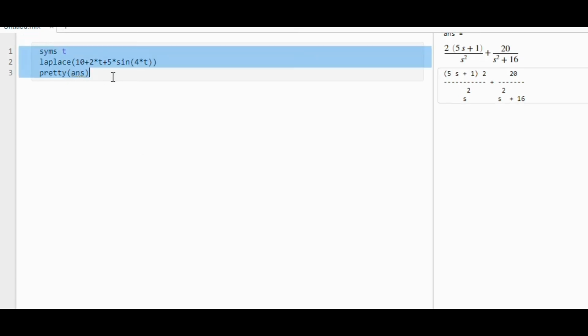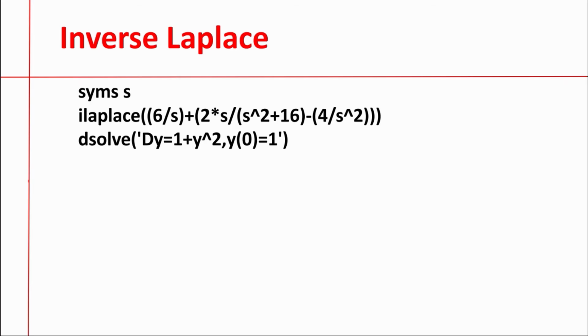Now we will change it, and now we find the inverse Laplace. So this is the code for the inverse Laplace. You will type syms s and ilaplace. ilaplace means inverse Laplace of 6 divided by s plus 2s divided by s square plus 16 minus 4 divided by s square.